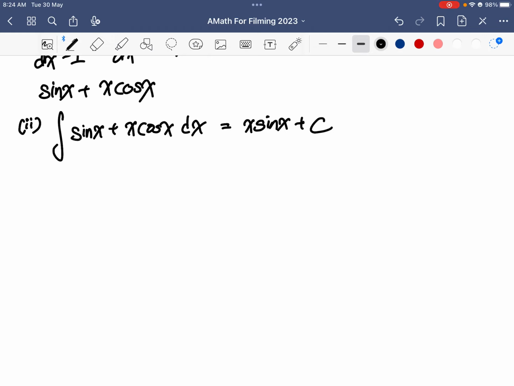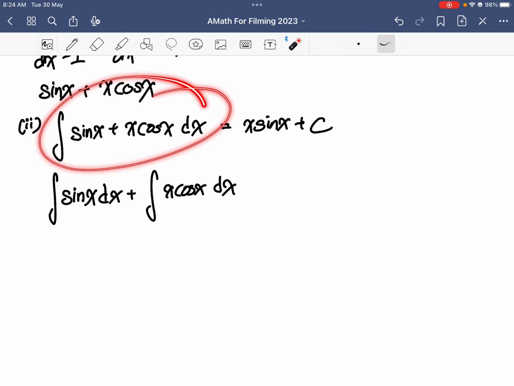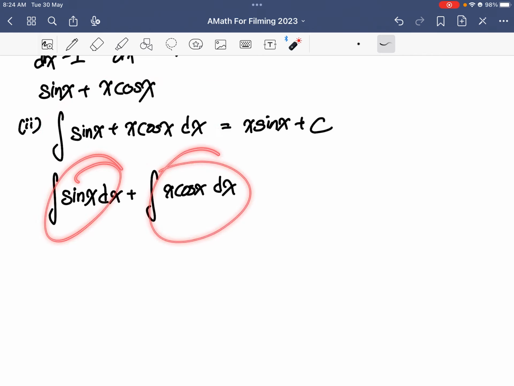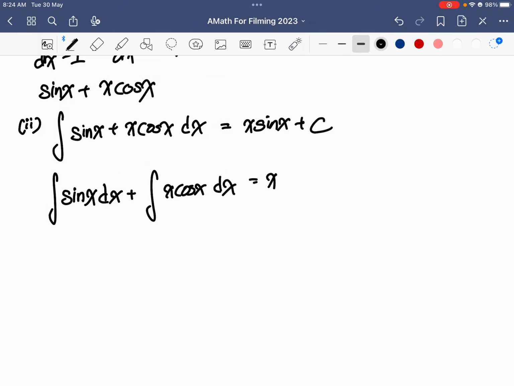Notice that what they wanted from me is just the integral of x cosine x. So what I can do is to start to split up the left hand side. I have the integral of sine x plus the integral of x cosine x dx. Not doing anything special, I'm just splitting these into two parts here, equals x sine x plus c.